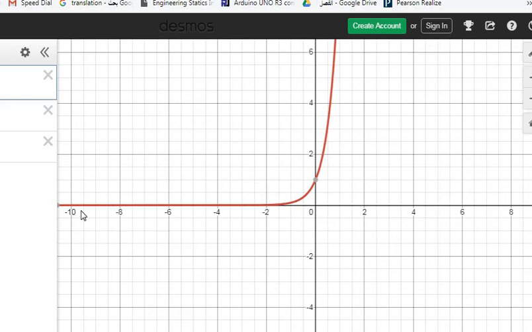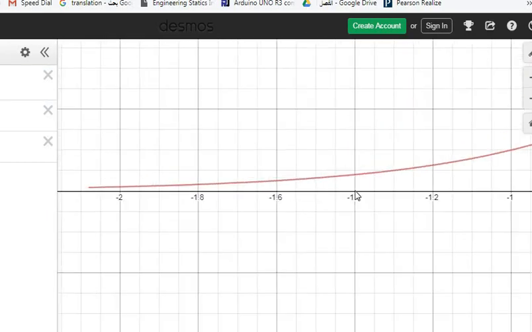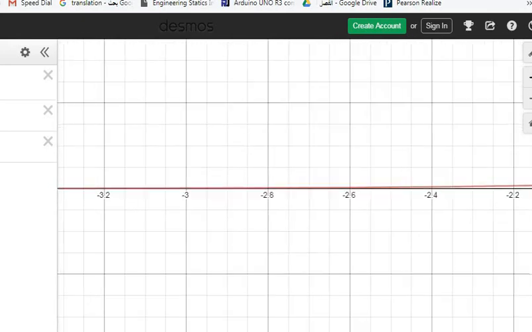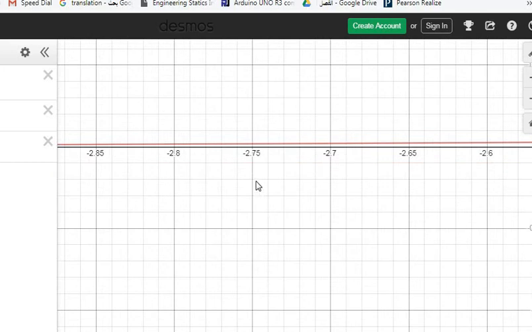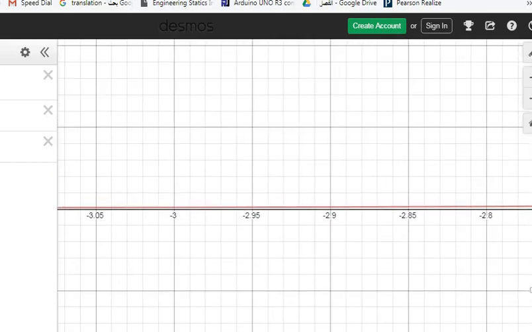It seems that the graph touches the x-axis here, but if we zoom in, we see that it approaches 0, but it's not 0 at any point. Now let's study some transformations of this function.